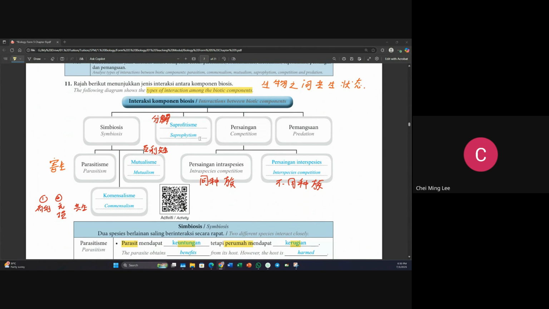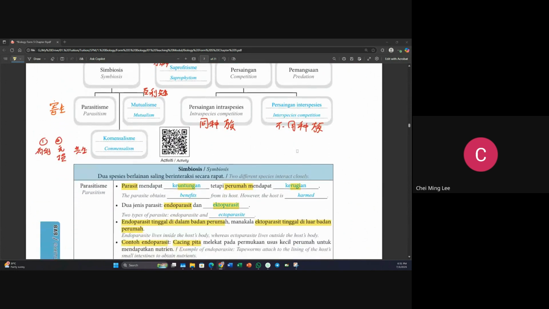Then we have saprophytism, which is actually the decay, the breakdown. Then we have competition. We have intra-species competition, which is the same species, and interspecies competition, which is different species. And then we have predation. Predation is the predator and prey.